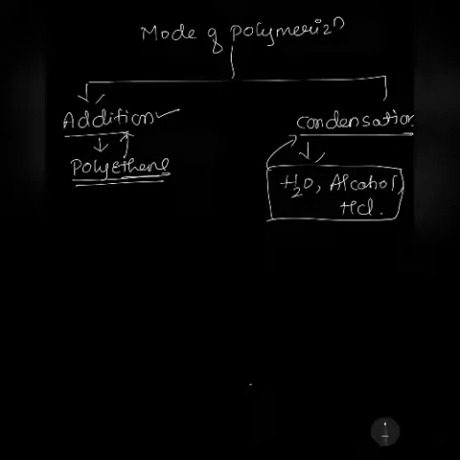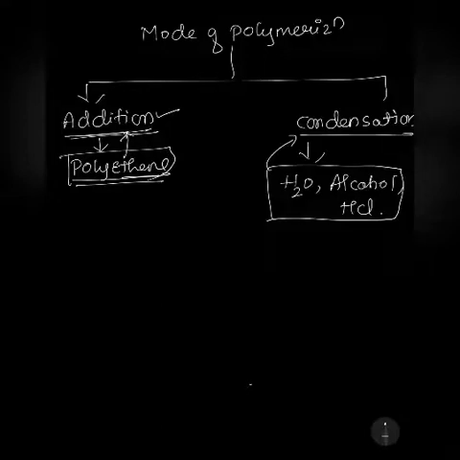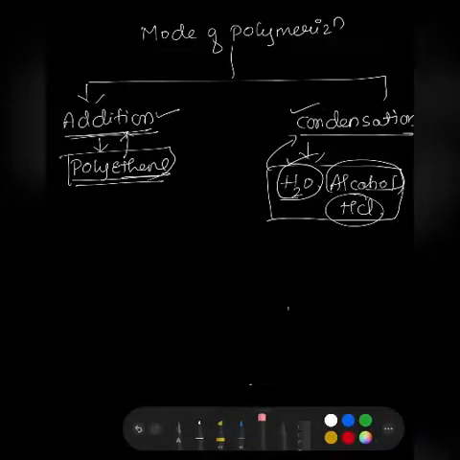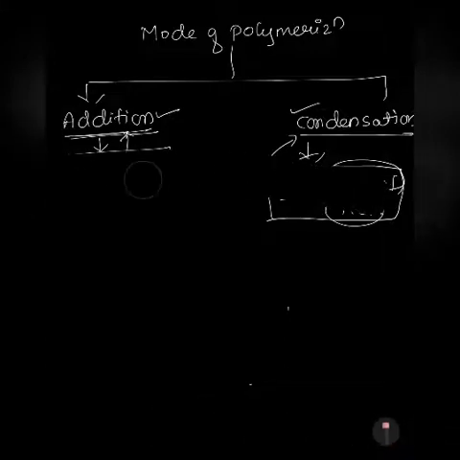I repeat again, in addition polymerization, nothing is eliminated. Just a monomer is converted into polymer. But here, 2 or 3 monomeric units are joined. When you join them, there will be the elimination of H2O, alcohol, or HCl. In the majority of cases, H2O is eliminated. In such cases, they are called condensation polymers. So this is a very simple classification, that is mode of polymerization.